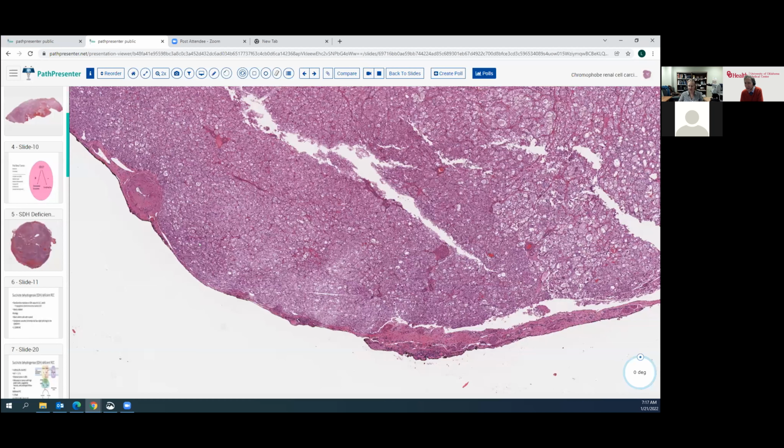So I had to borrow some slides that are already on Path Presenter. These are all slides that have already been scanned in by other universities and other pathologists, and they were classic cases. So I thought I would share them with you. These are the same slides that are available for preview that you had access to.